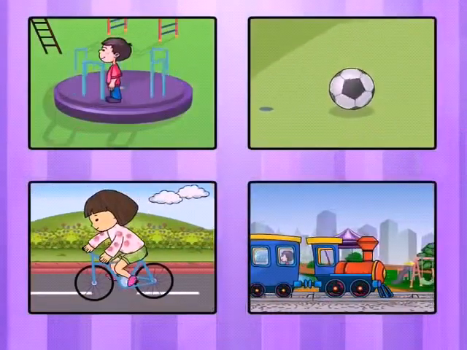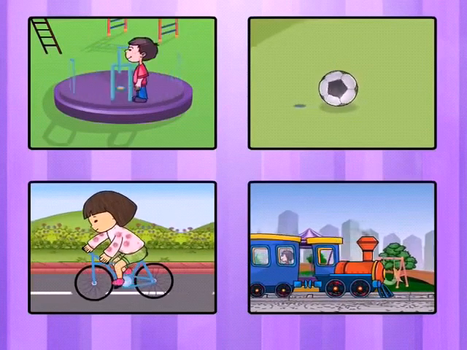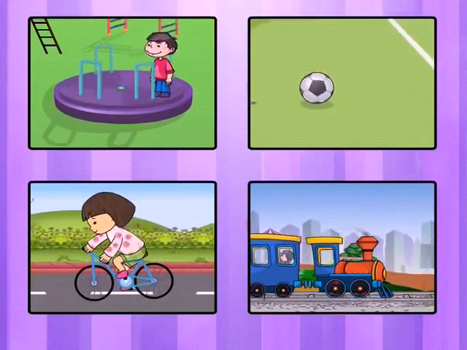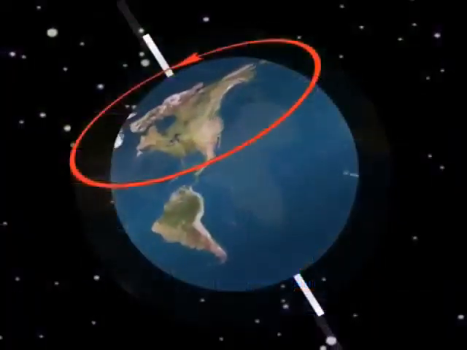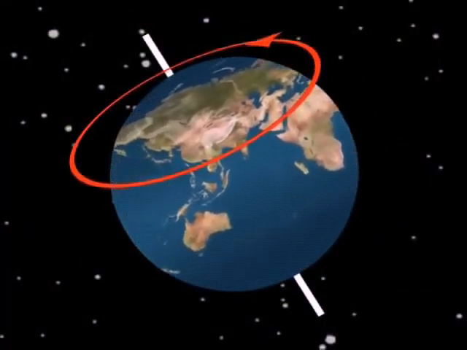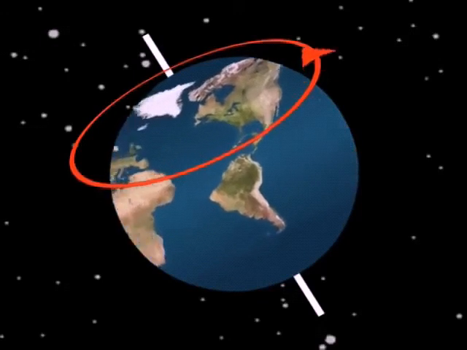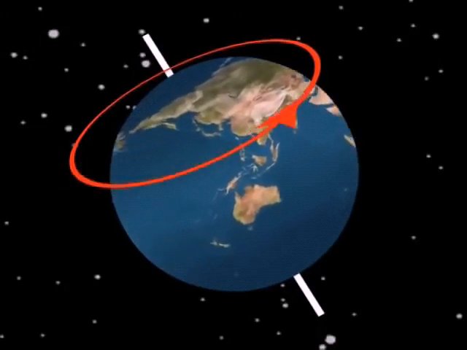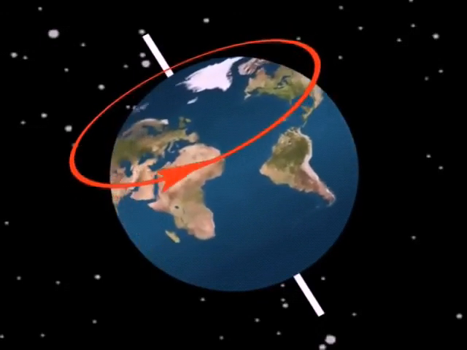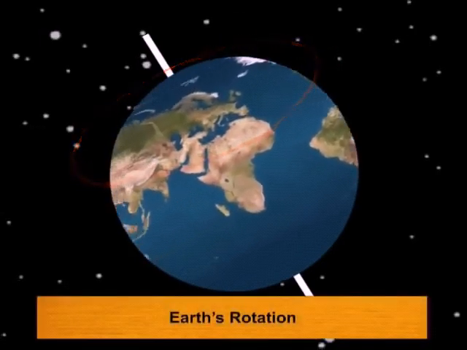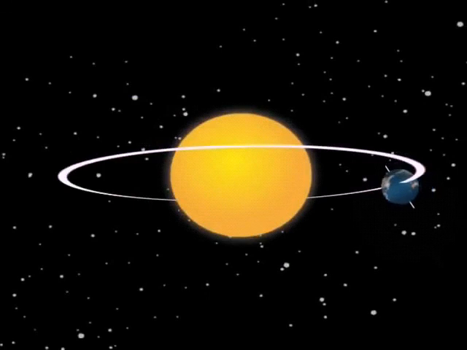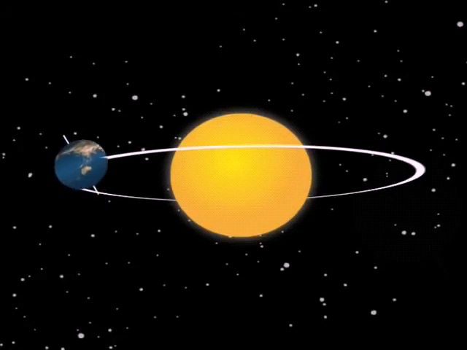Now that we understand about different types of motion, let's study the nature of motion of our Earth. Earth moves around its own axis. That is, it is in circular motion around its own axis. This motion is also known as Earth's rotation. Simultaneously, Earth also moves around the Sun while it rotates about its own axis.